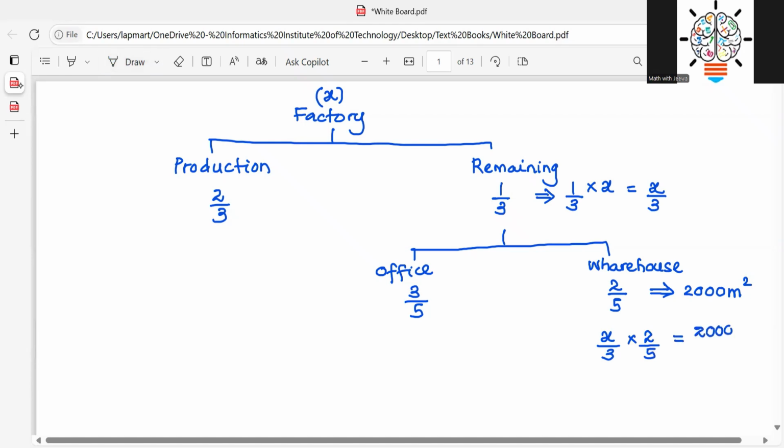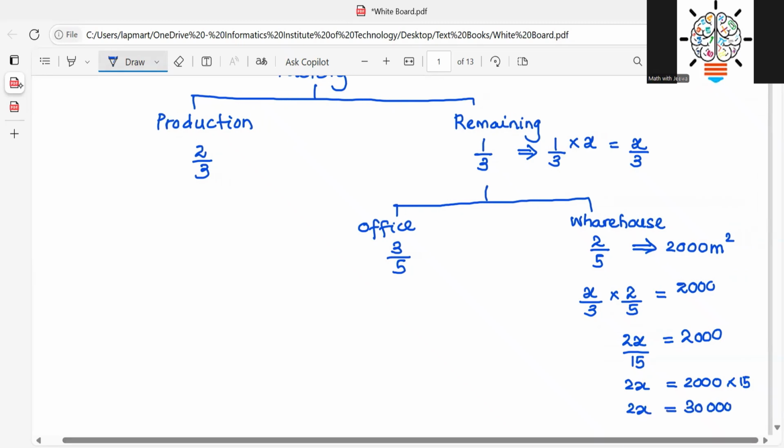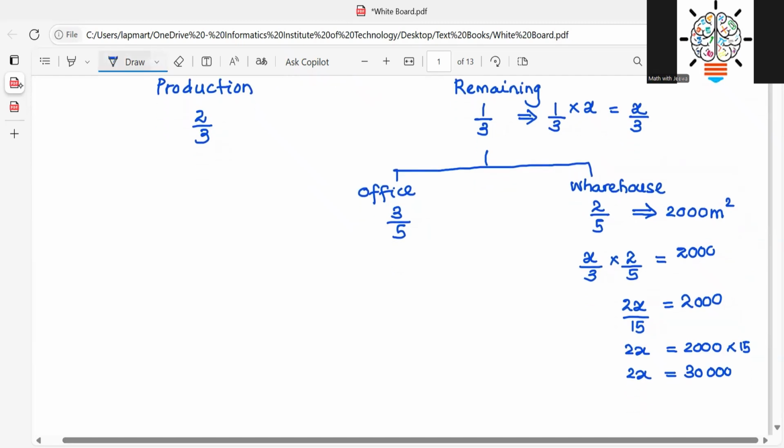Right? So then this one will be 2x is equal to 2,000 multiplied by 15. So 2x is equal to 30,000. Right? So then x is equal to 15,000.